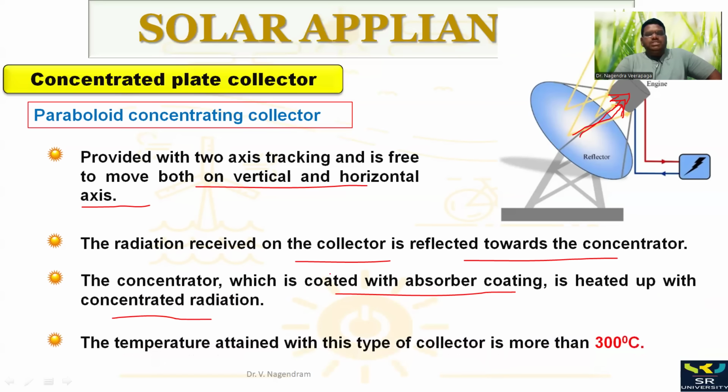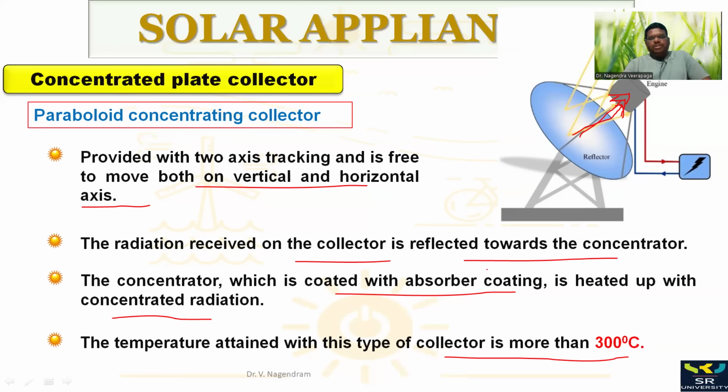Using this collector, we can attain a temperature of more than 300 degrees centigrade. So these are the different types of solar thermal collectors that we can use in the present day scenario.